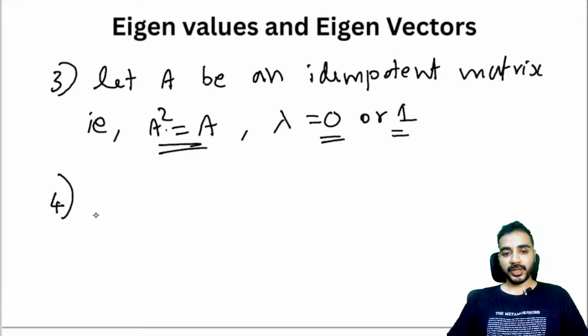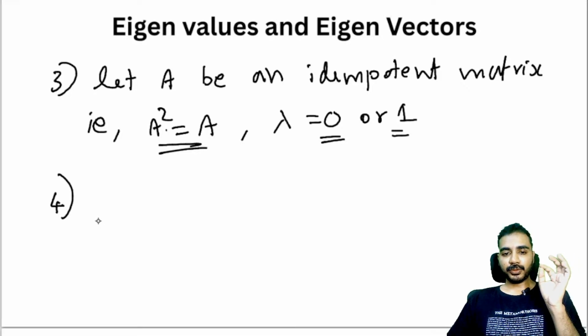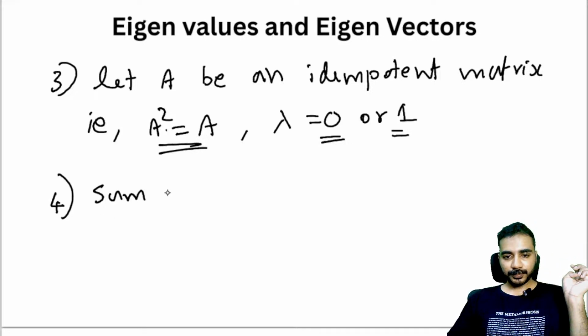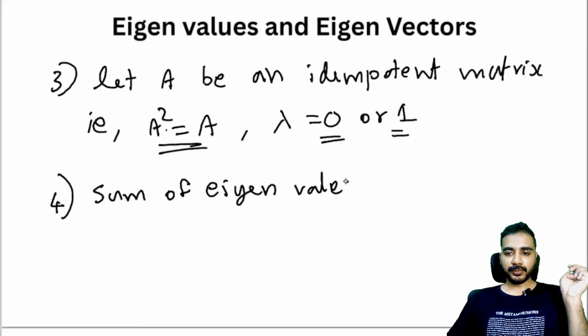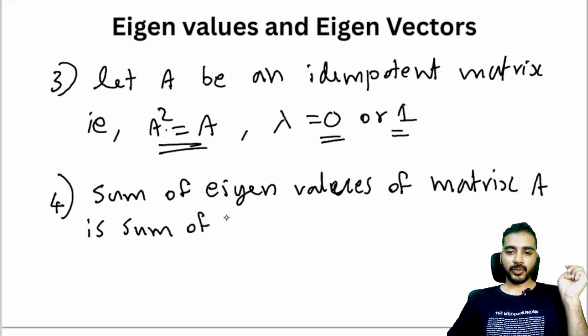Then the fourth and fifth properties are very important, and are used to solve eigenvalue problems very fast. The sum of eigenvalues of a matrix A is the sum of its diagonal elements.